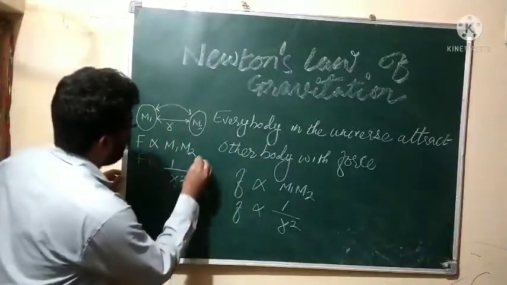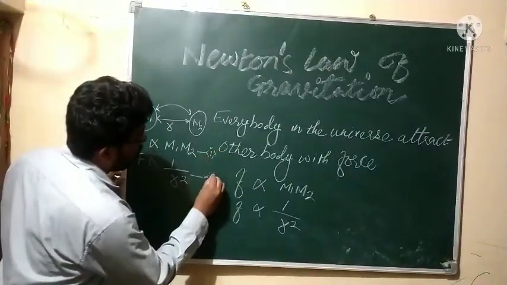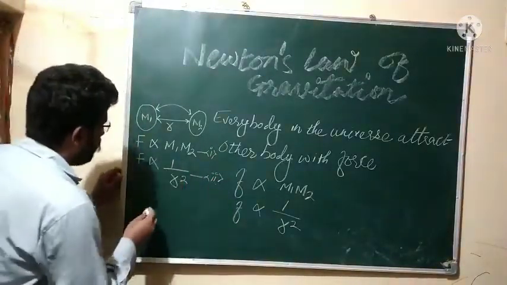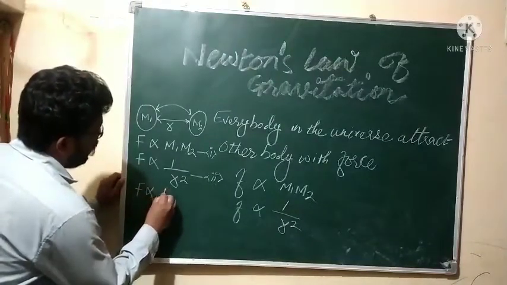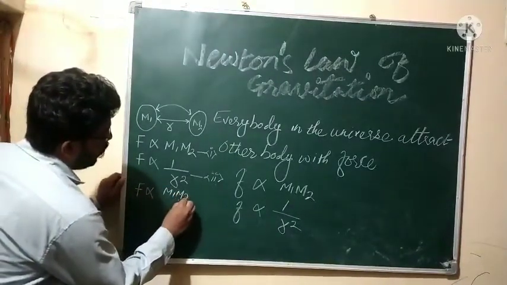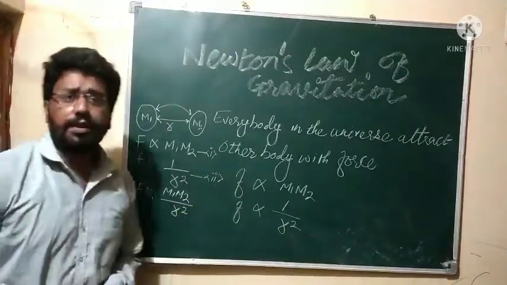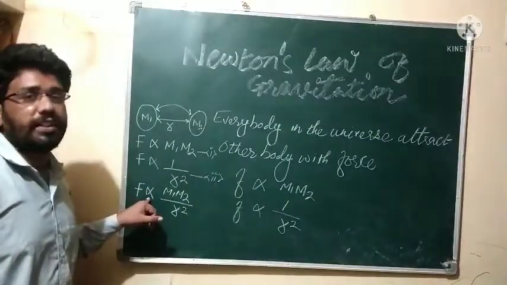Now if we give this equation as 1 and this as 2, and combine both these equations, then F is directly proportional to m1 into m2 divided by r square. Now here we see that there is a proportionality sign.